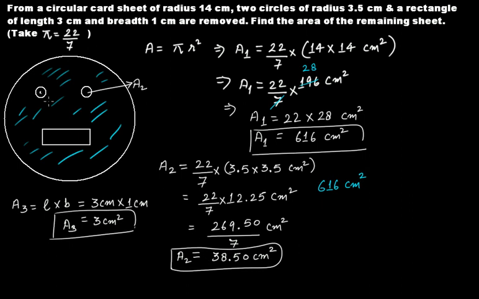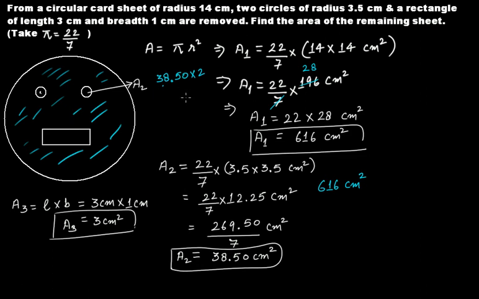Now you add the area of this circle, how much? 38.50. And if the area of this circle is 38.50, then what will be the area of this one plus this one? Of course, it's 2 times 38.50, because this plus this means 38.50 times 2.